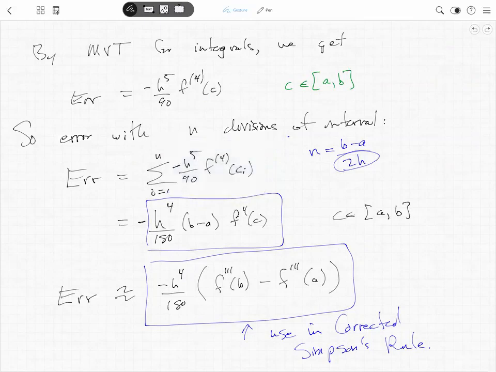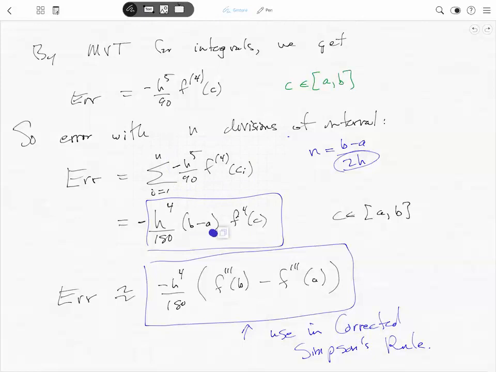And again, we're going to get two versions of the error formula, just as we did for the trapezoid method. So one version we get by saying, well, if you add up all n of these terms, what you're basically going to get is something that looks like h to the fourth over 180 times b minus a, right?